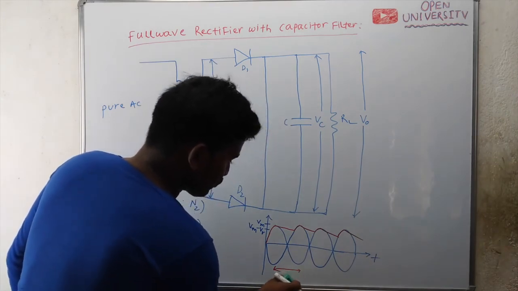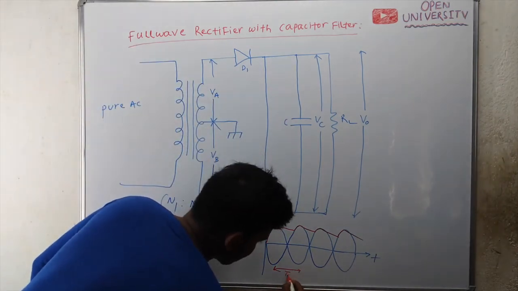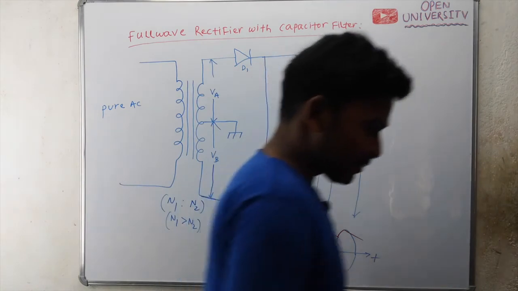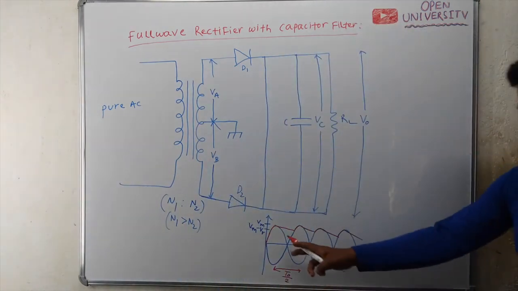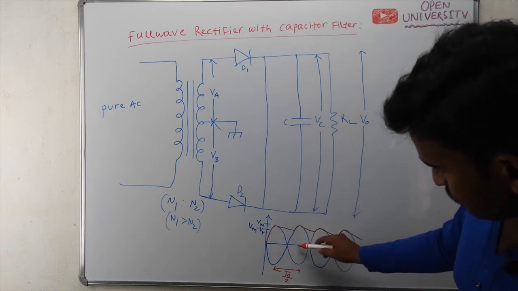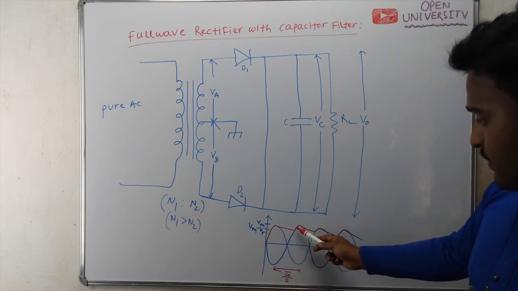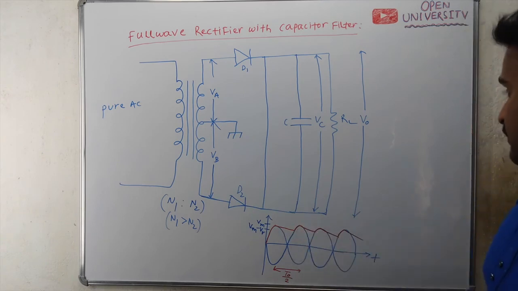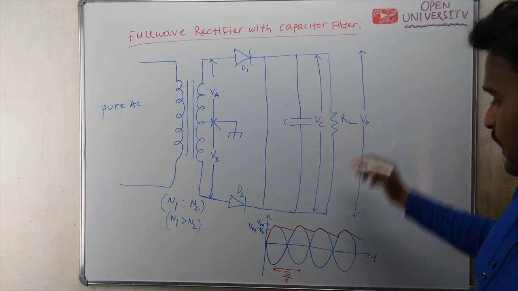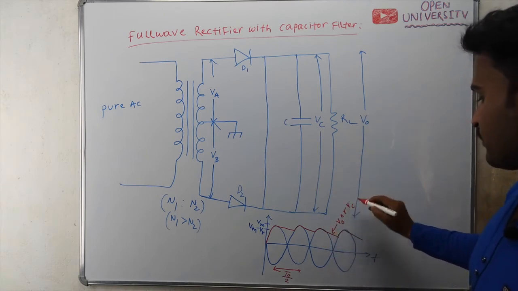In this T0 by 2, the capacitor will charge once and discharge once. And this is your output waveform, the V0 or VC waveform.